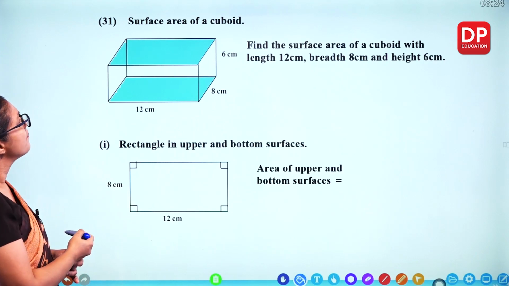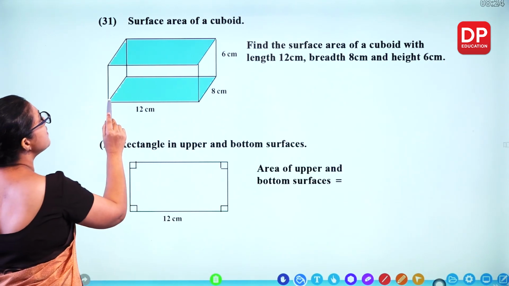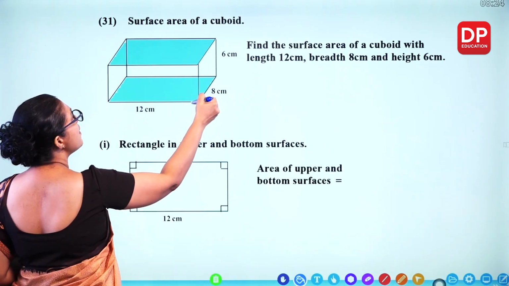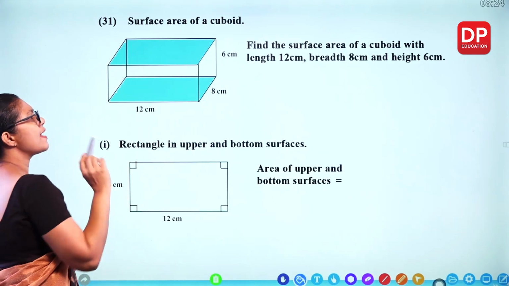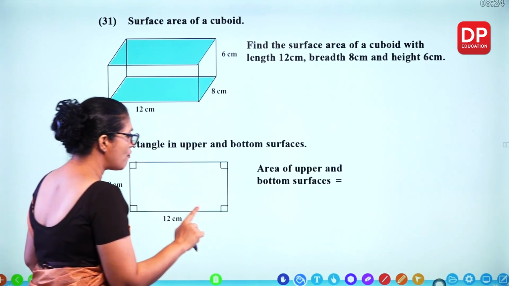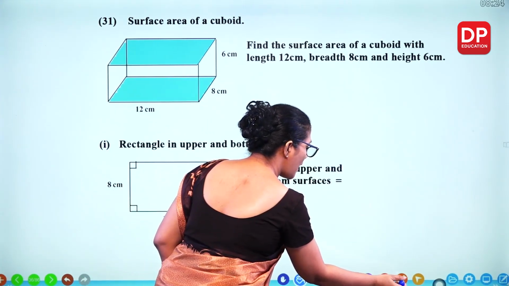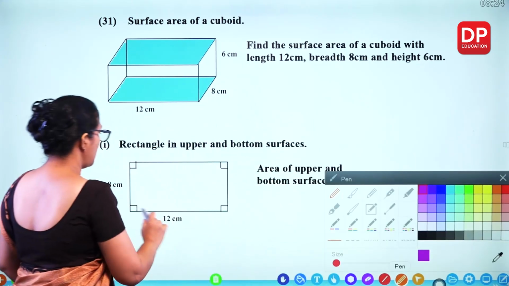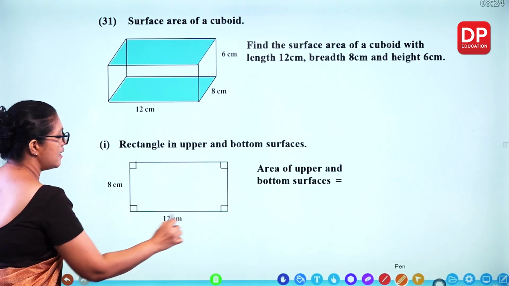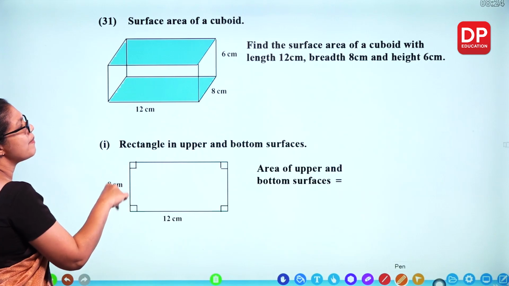What can you see? Length is 12 and the breadth is 8. Both are the same. So for the area of the upper part and the lower part, you can use this rectangle. Length is 12 and breadth is 8.